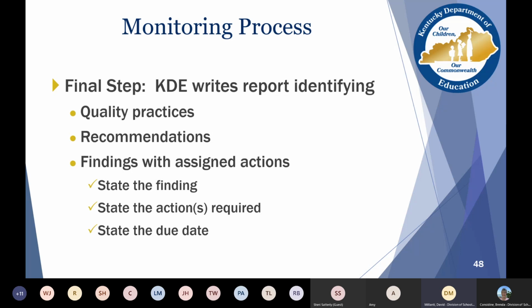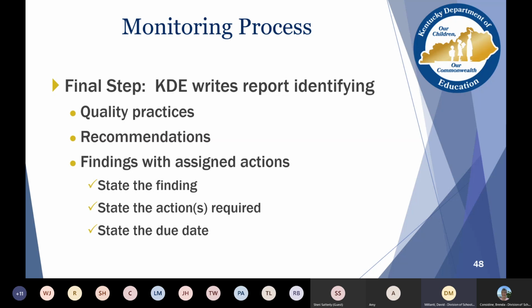Each of our programs will write an individual report and issue that report to the district. But at the end of the process, we also try to identify some cross-cutting themes, things that are great in the district and things that might need some work, and we issue what's called a consolidated report, and that report tries to tell you here's what the cross-cutting themes are.